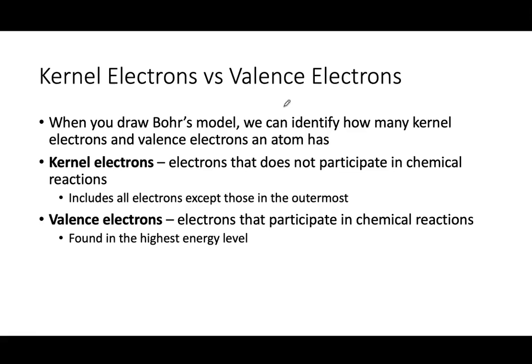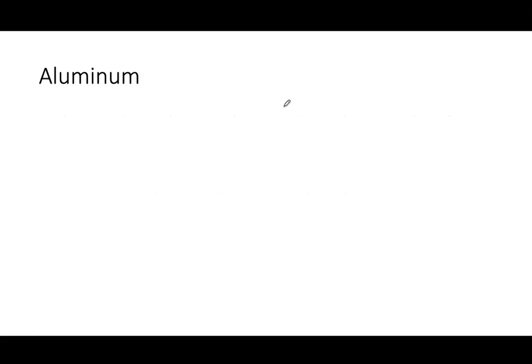Okay, so I'm going to use aluminum as an example. To figure out how many electrons I have to draw, the first thing you need to do when you have an element and you're going to write this type of model is to identify the number of protons.